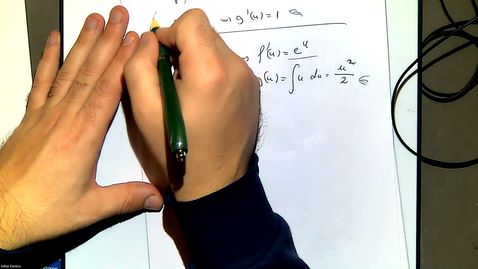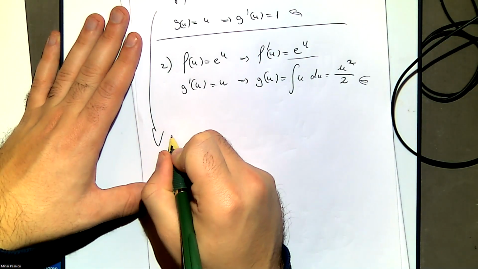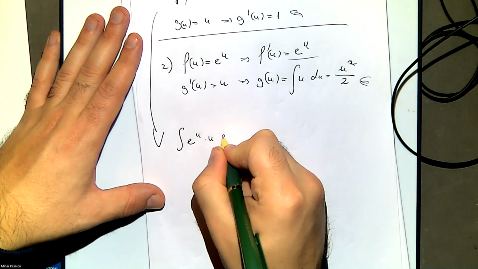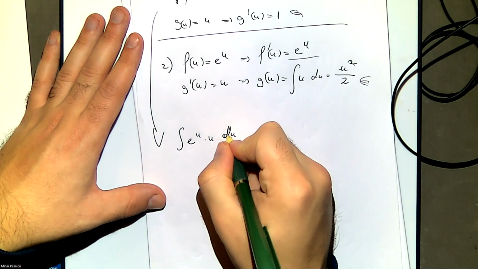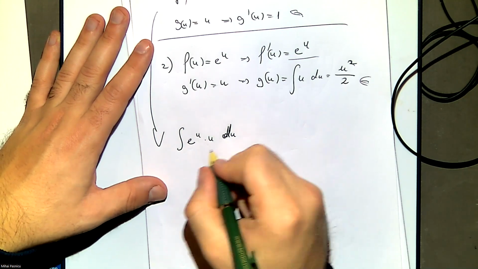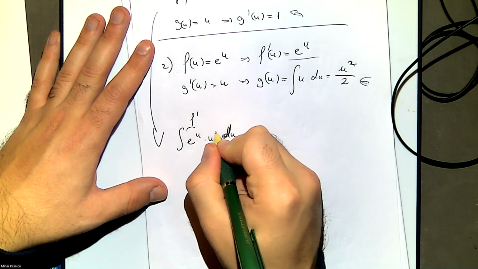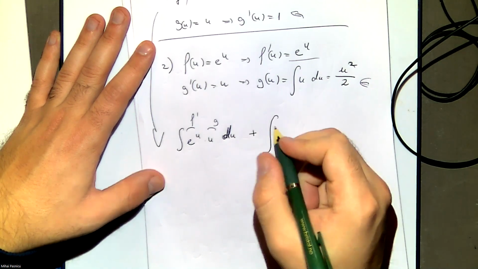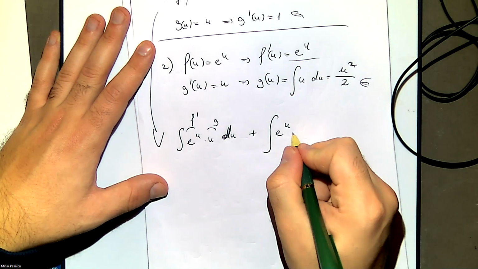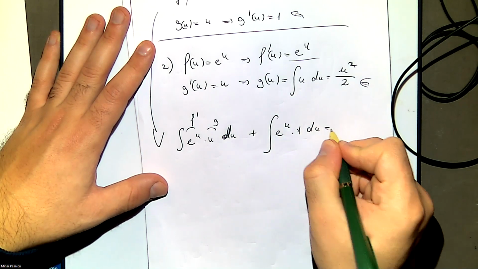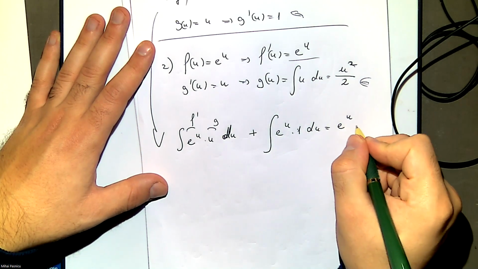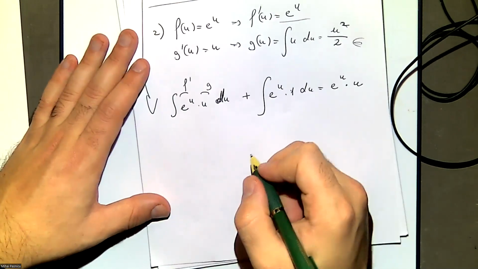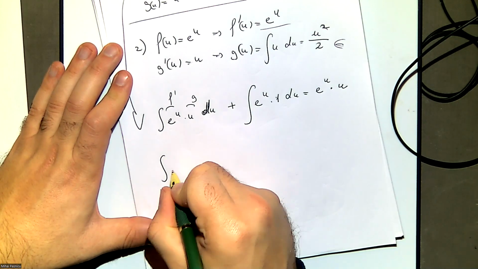I'm going to put the 1/2 at the end: integral e to the u times u du. So this is f prime, this is g. So I add plus integral f is still e to the u, g prime is 1, du, is equal to e to the u times u. So it all kind of looks nice.